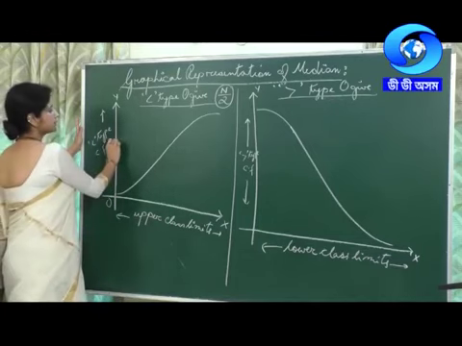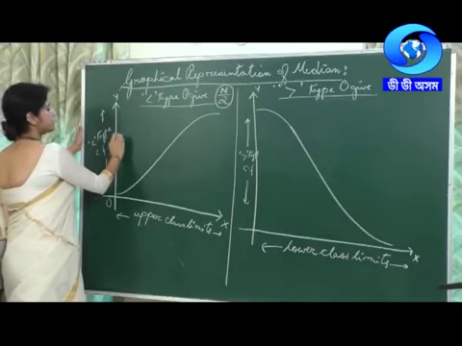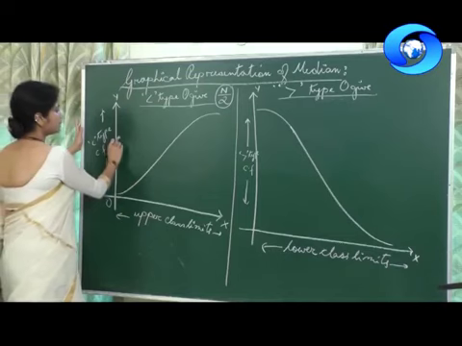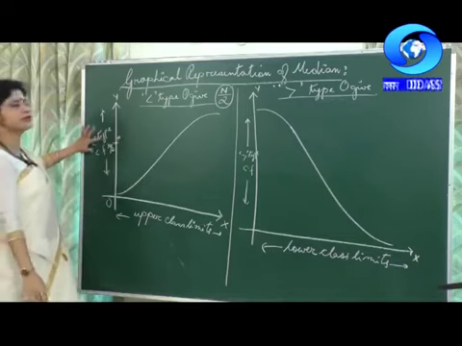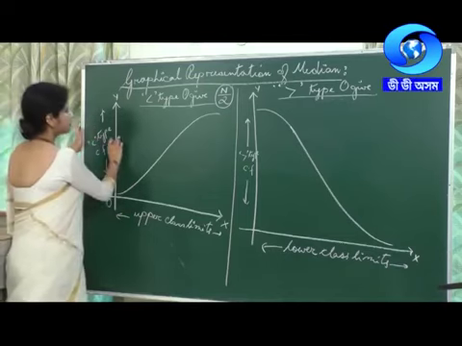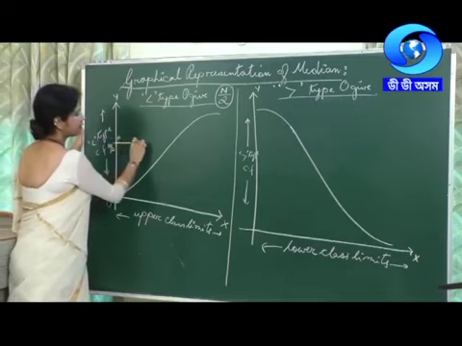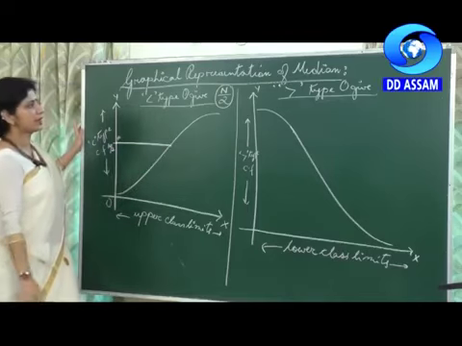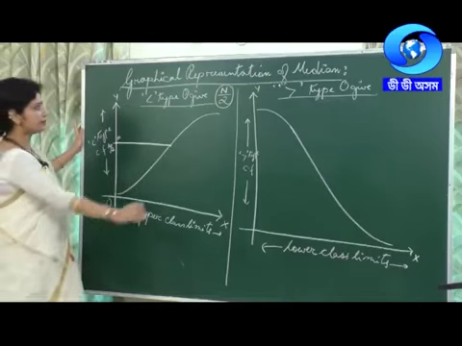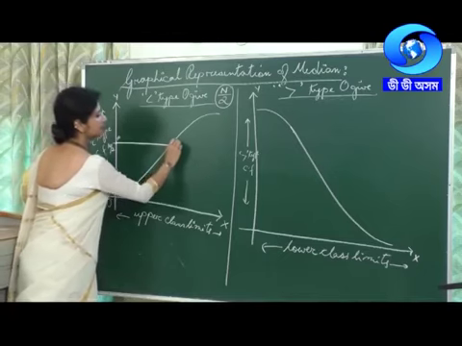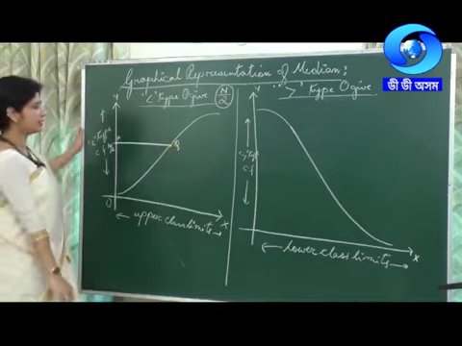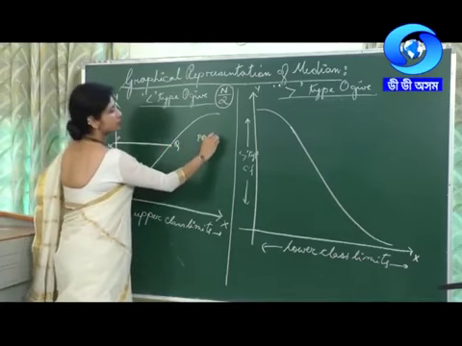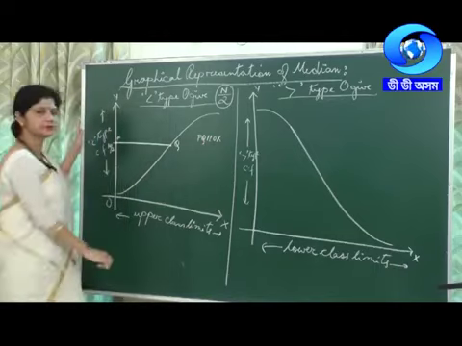Alright, supposing this is point P. Alright, from the point P, which corresponds to the value n by 2, we draw a line parallel to the x-axis which meets the less than type ogive at some point, say Q. Alright, that is, we are drawing PQ parallel to the x-axis.